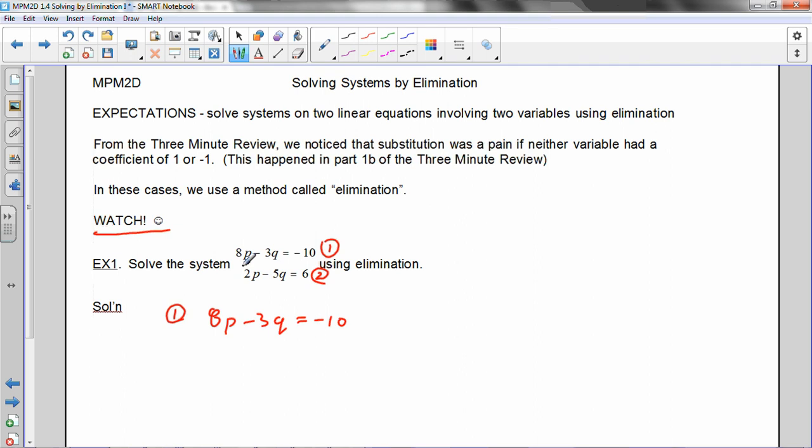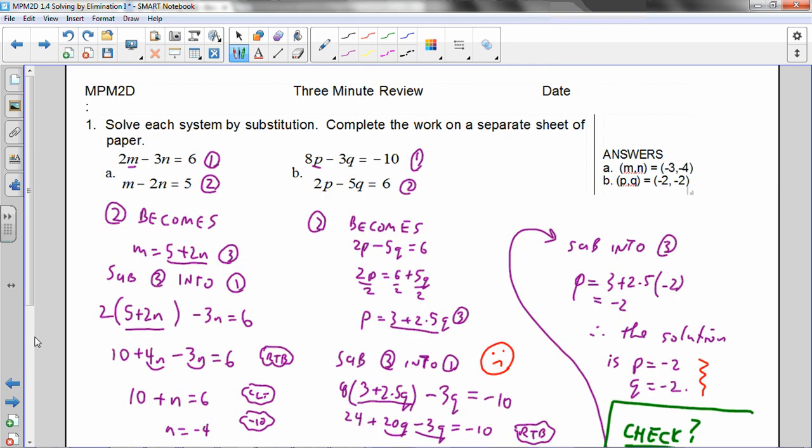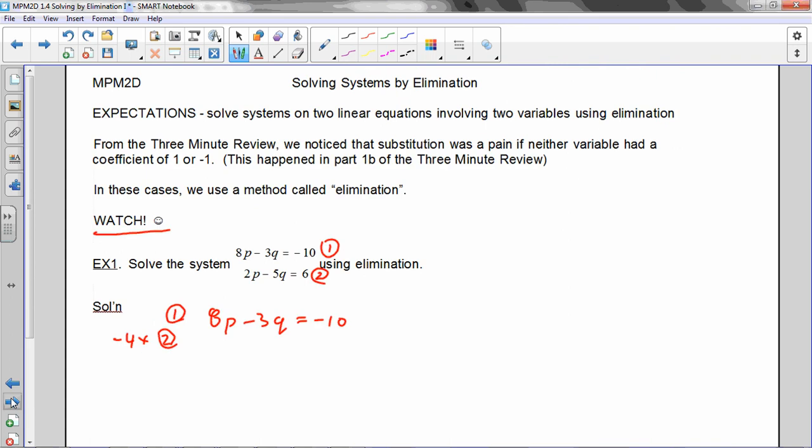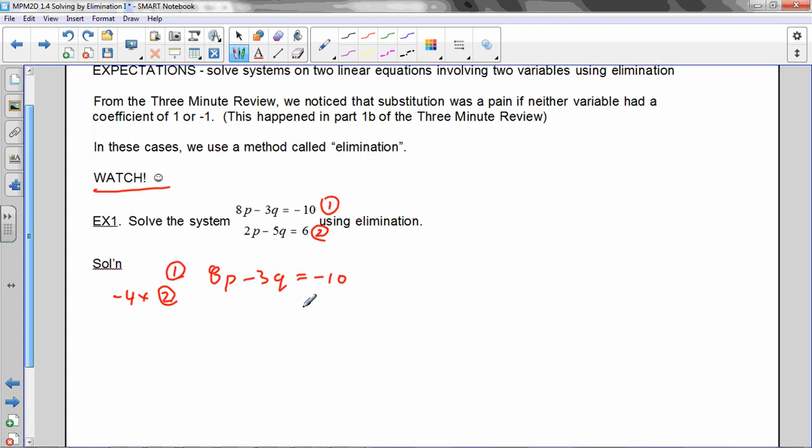And then I'm going to multiply equation 2 by -4. Can you do that? Can you multiply by something? Yeah, absolutely. We did that all the time when we were solving equations, right? Multiply and divide, add and subtract things, the equations stay the same when we do it on both sides. So I'm going to multiply by -4.